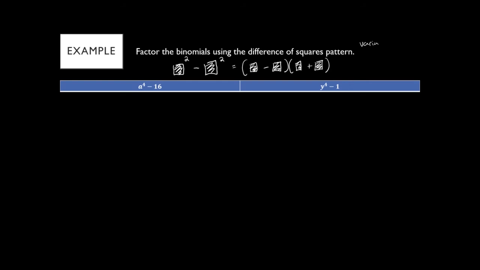So the variable, or the exponent on the variable, I should say. So actually, let's see, I'll just write that in the middle. Exponent on the variable, that needs to be an even number. And then with the numbers, we need to be able to take the square root.